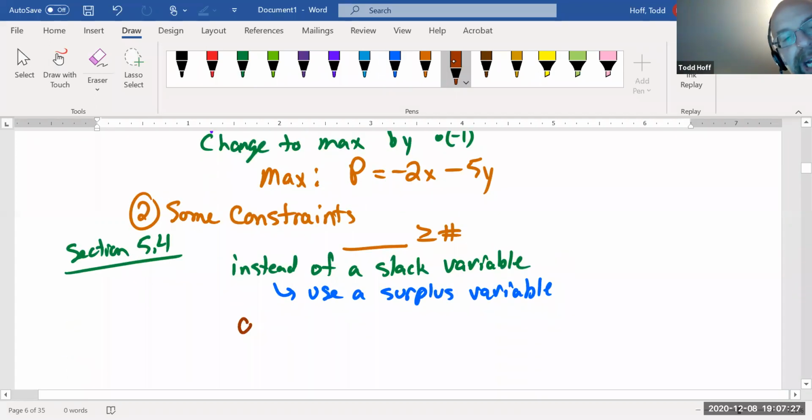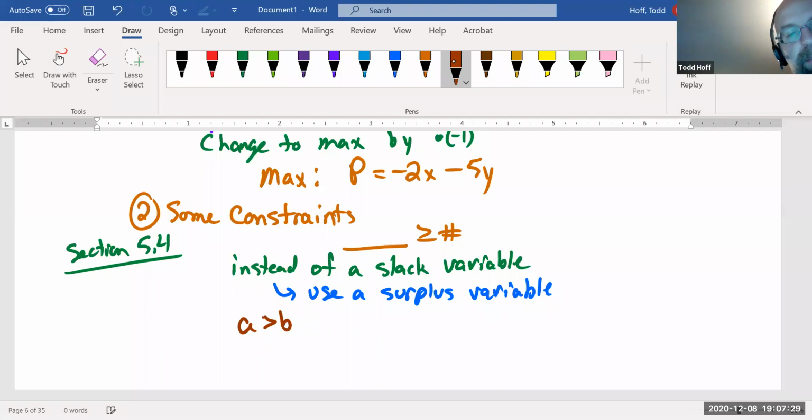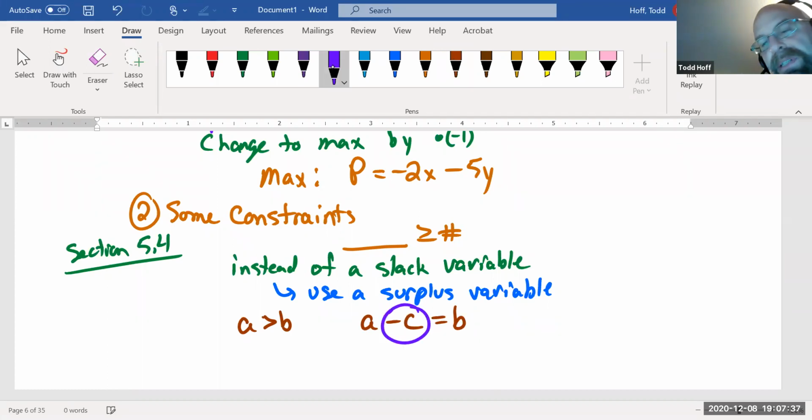If A is greater than B, that implies that A minus some positive number C equals B. But this gives us some negative values in our solution. Remember, part of the condition of a standardized problem is that X, Y, Z, all of the variables have to be greater than or equal to 0.